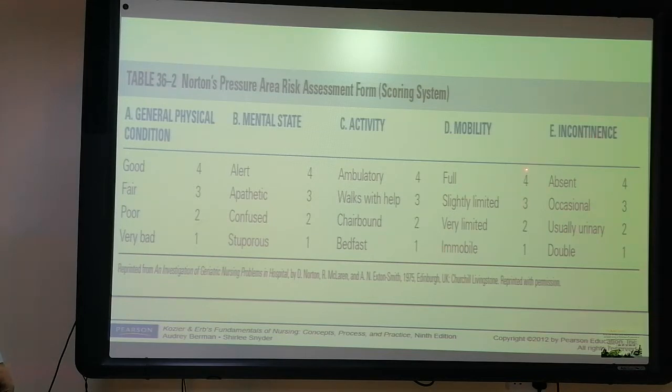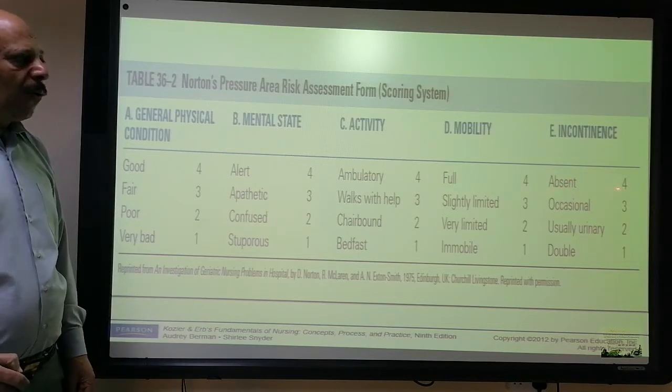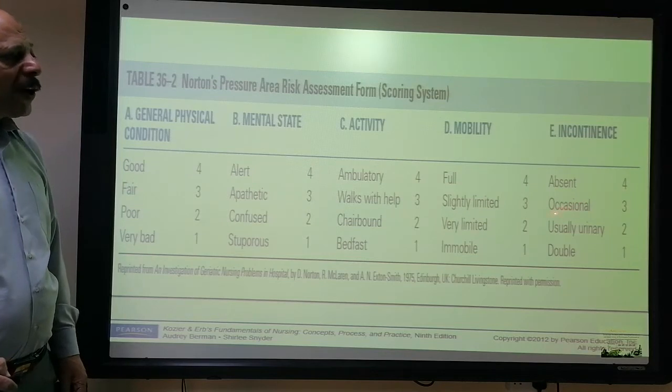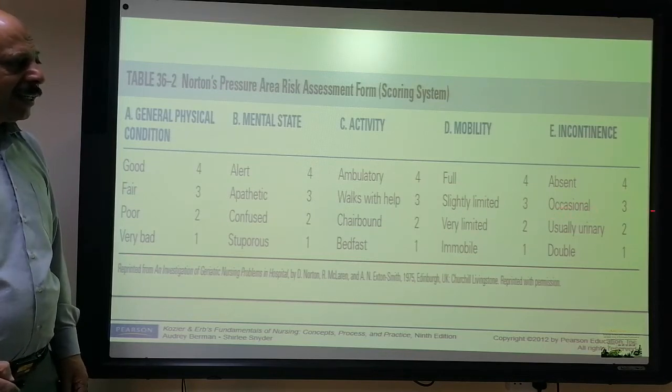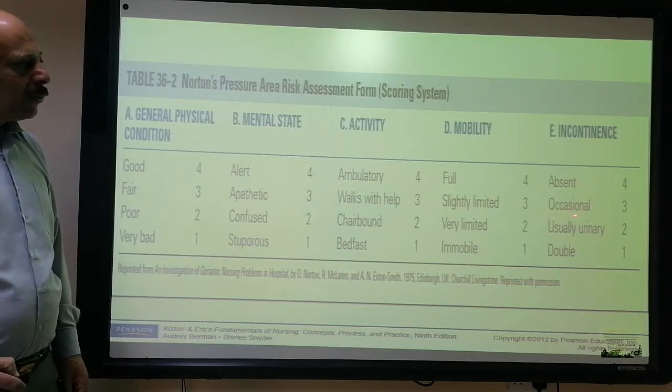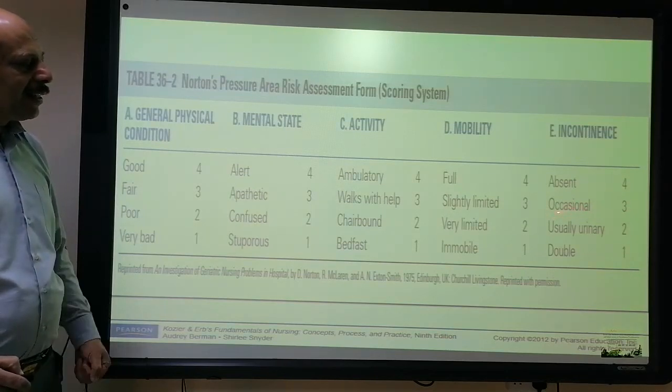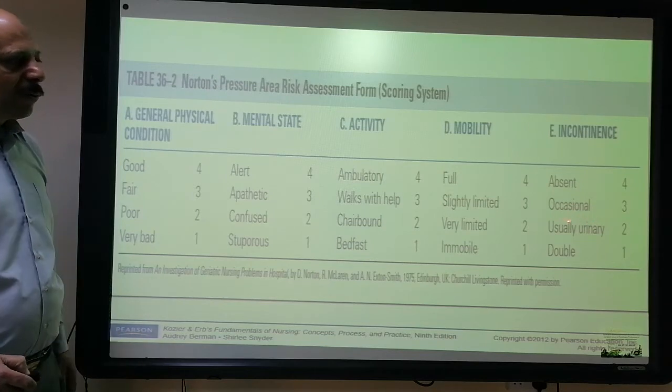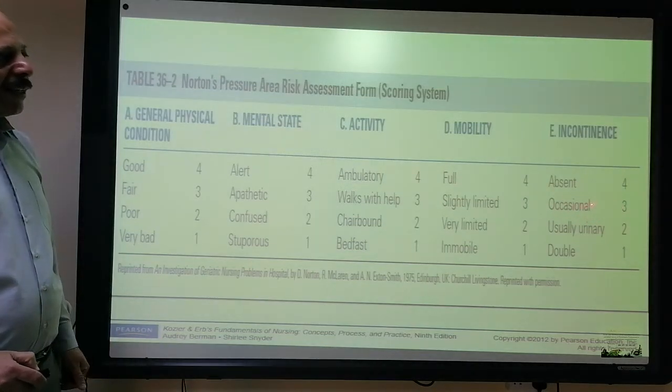About incontinence, if it is absent, if he can control the urination and defecation, in this case he will take 4. If it is occasional incontinence, like every 2 or 3 days, or there is some dribbling of urine, in this case he will get 3.